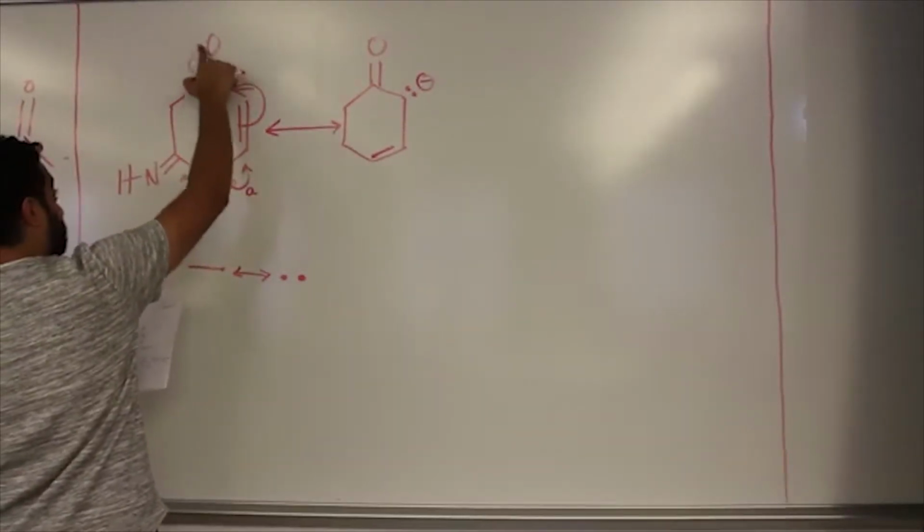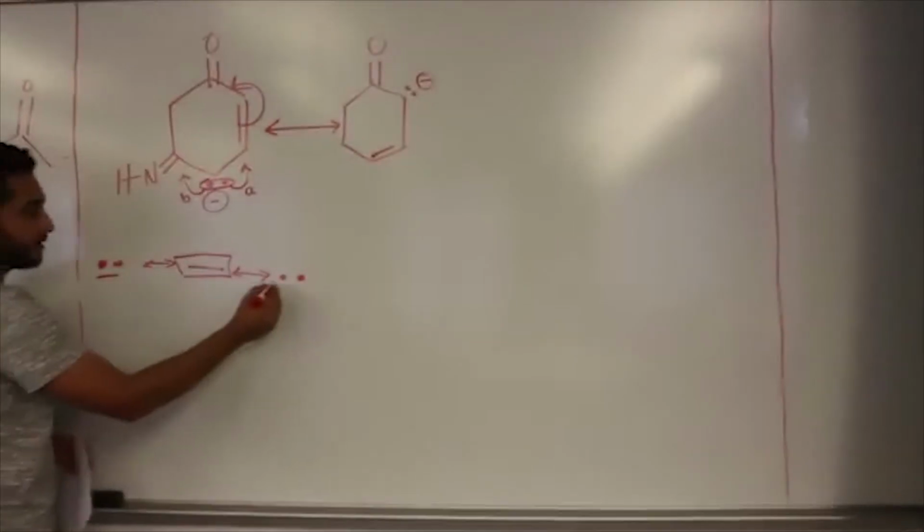I actually got ahead of myself. Like I said, if you're starting with lone pairs, they go to a double bond, and if you have a double bond, they go to lone pairs. Does that make sense? Okay? So this stays where it was.